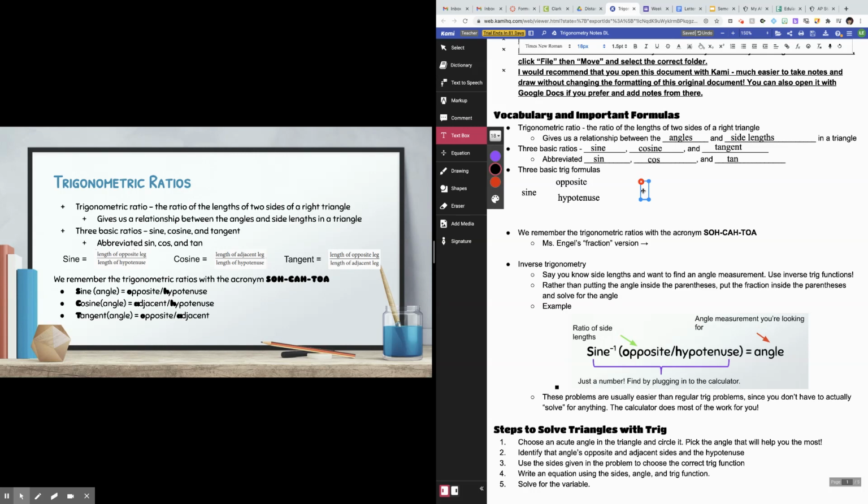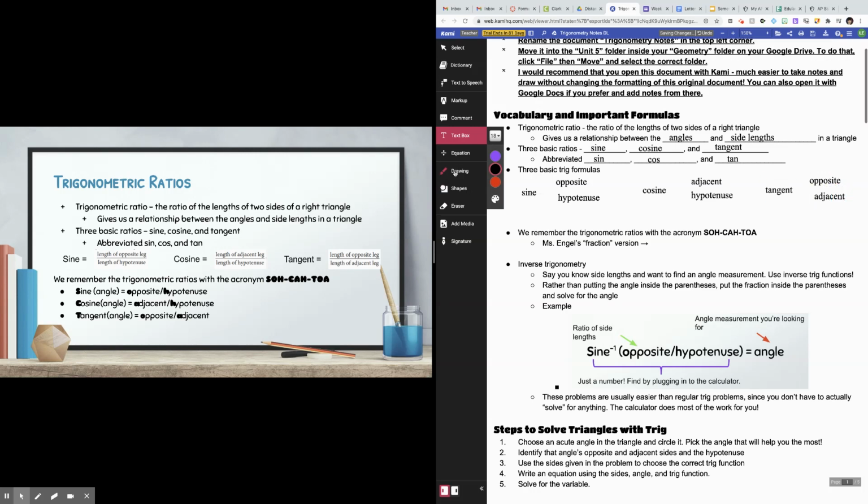Cosine is the adjacent leg divided by the hypotenuse. And tangent is the only combination of opposite, adjacent, and hypotenuse that we haven't had yet, which is opposite over adjacent.